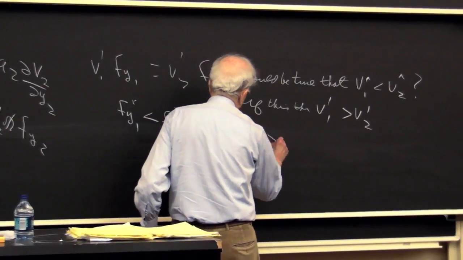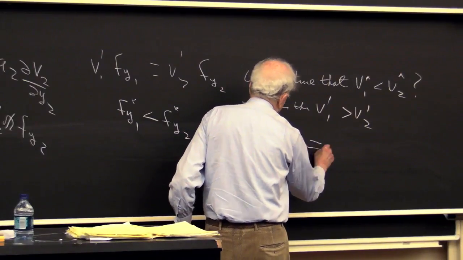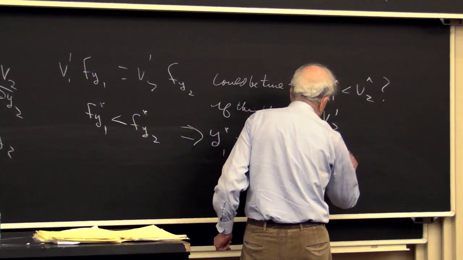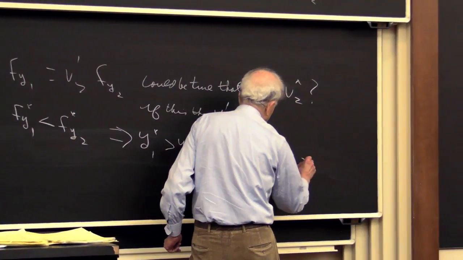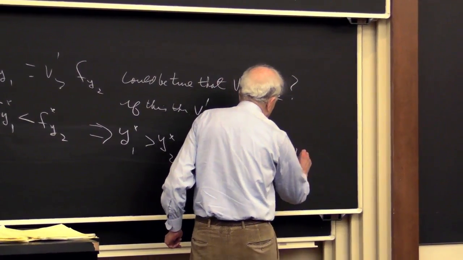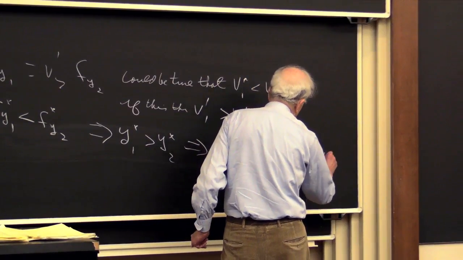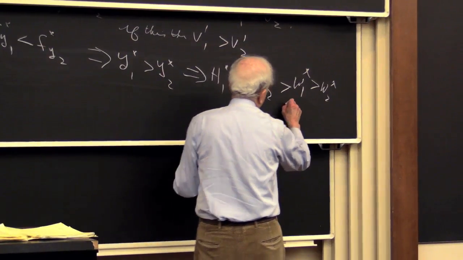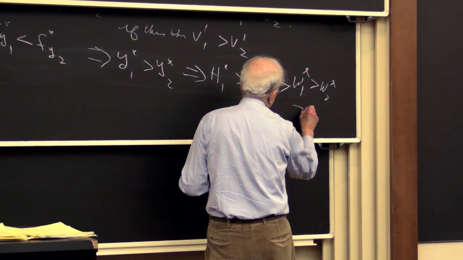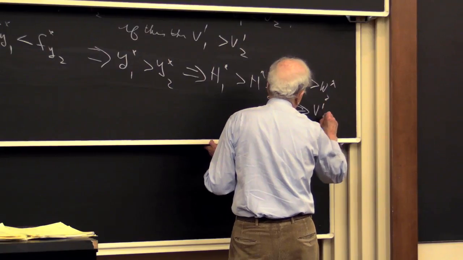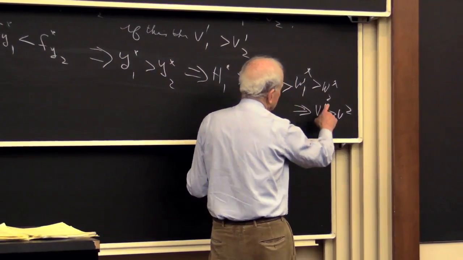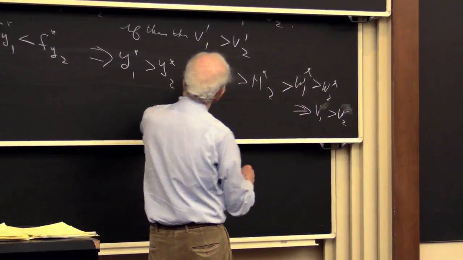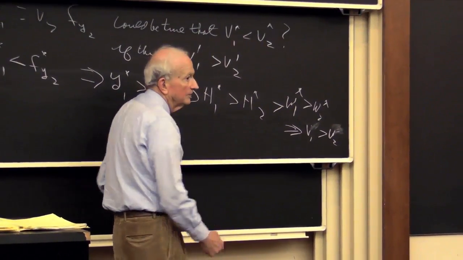Okay, so this implies y1 star is greater than y2 star, which implies W1 star is greater than W2 star, which implies V1 greater than V2, a contradiction to the assumption that V1 is less than V2.